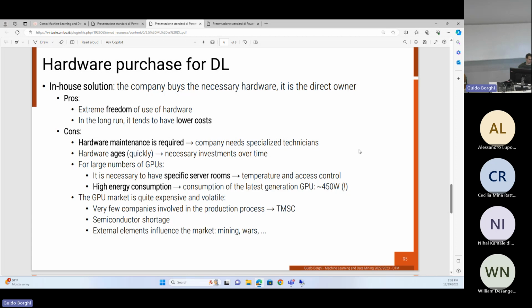One of the most important companies, and one of the few that is able to produce the technology for GPUs, is TSMC, and we can have a shortage in the semiconductor production, and we faced this problem in recent years. And also we have external elements, as usual, that can influence the market in a positive or negative way, such as, for example, the rise of mining or wars, unfortunately, and other external elements.